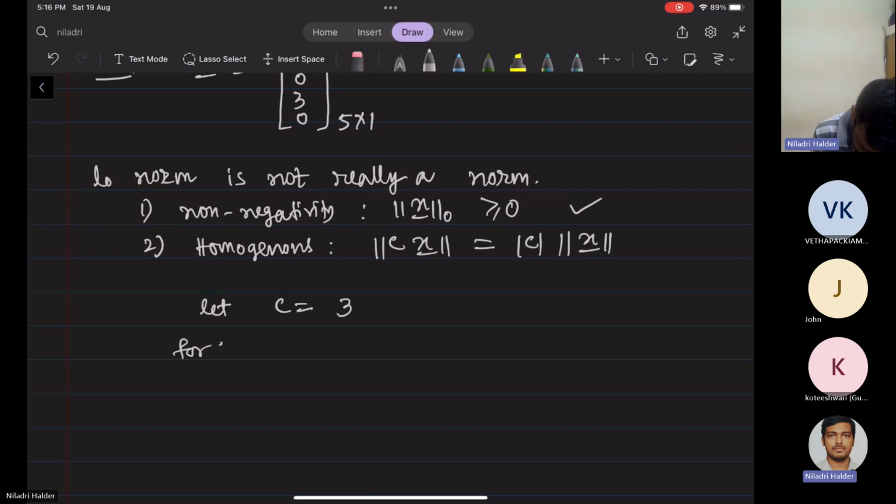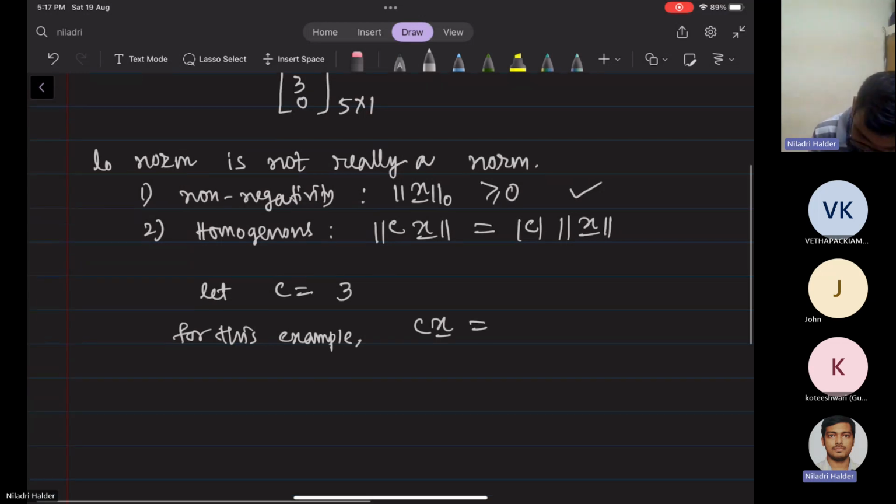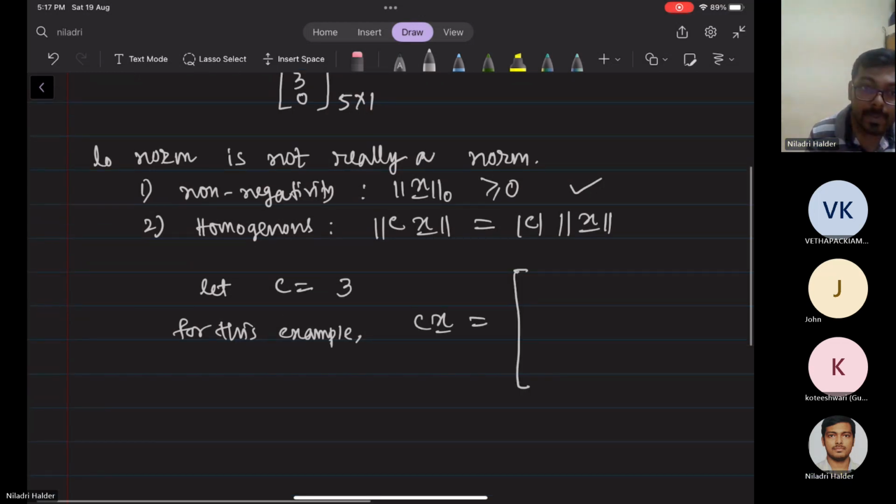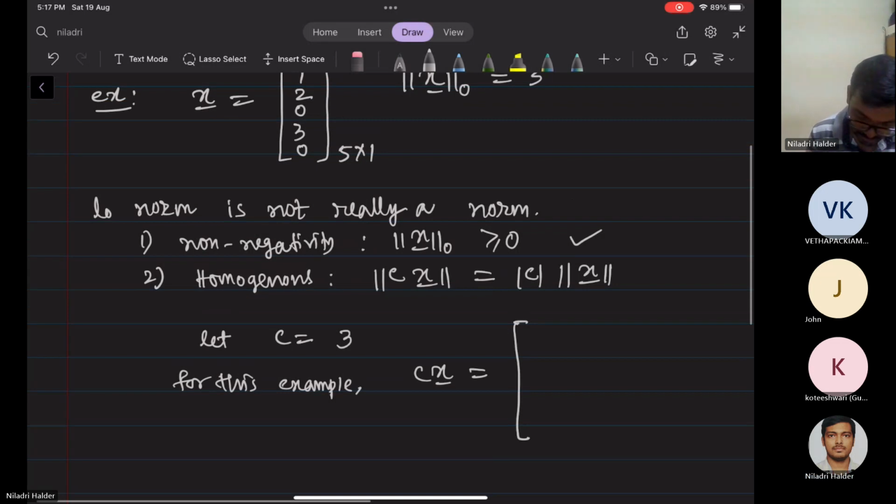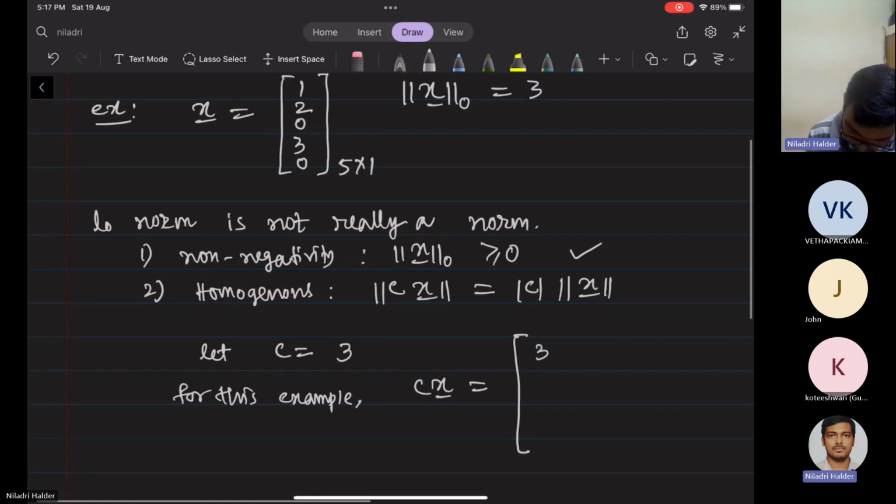For this example, what should be cx? cx will be 3, 6, 9, 0.